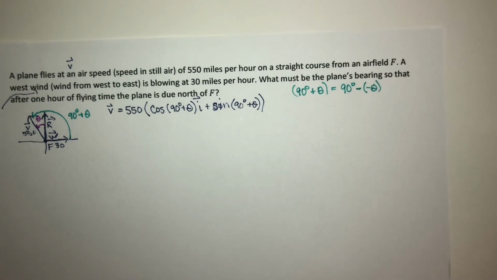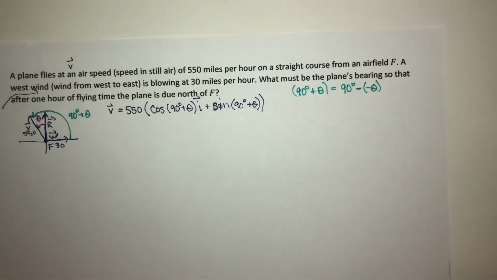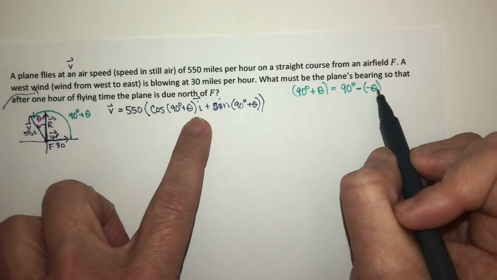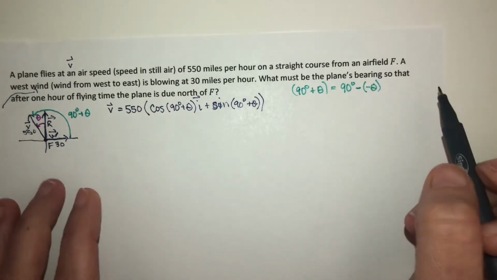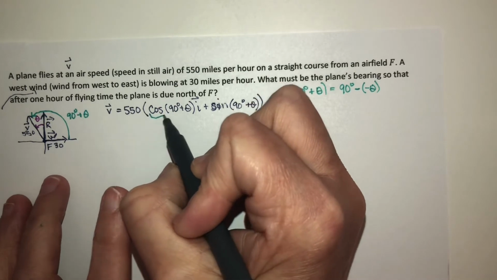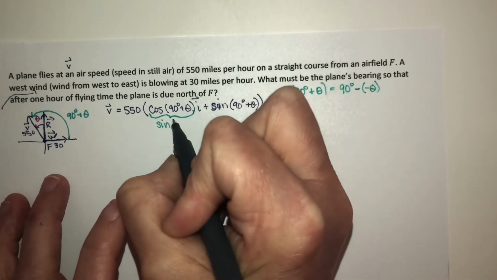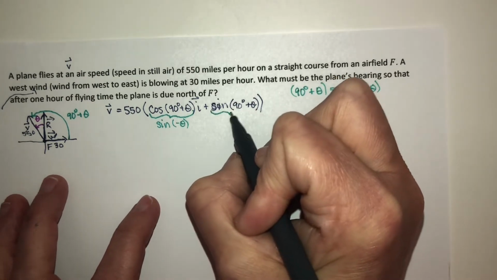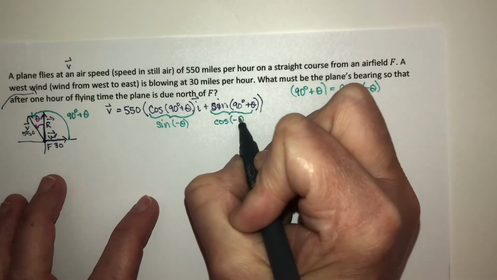And now your cofunction identities say that if you have 90 degrees minus an angle, you can use the cofunction of this angle. So I can change all of this into sine of negative theta, and I can change all of this into cosine of negative theta.